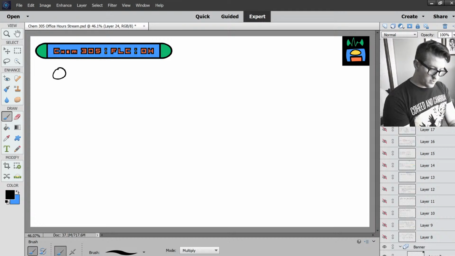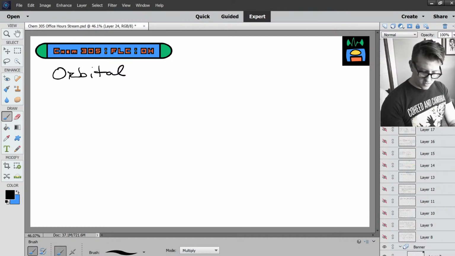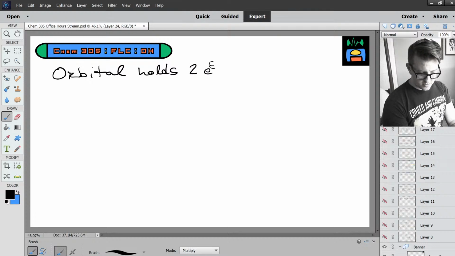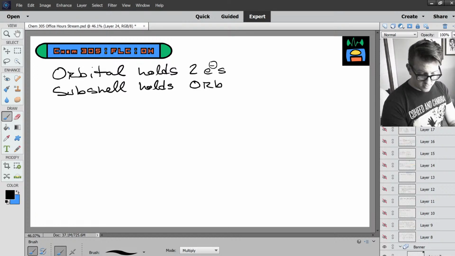So an orbital holds 2 electrons. A subshell holds orbitals of the same type.